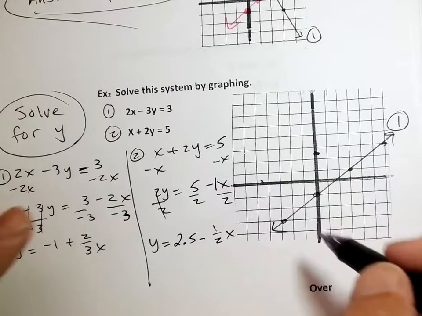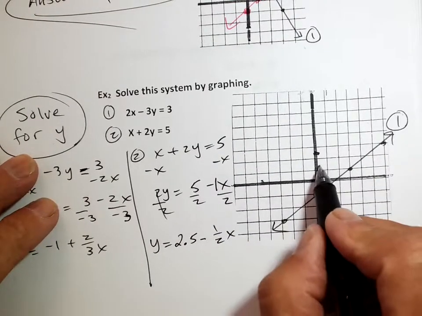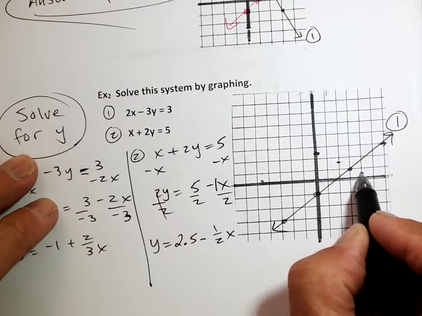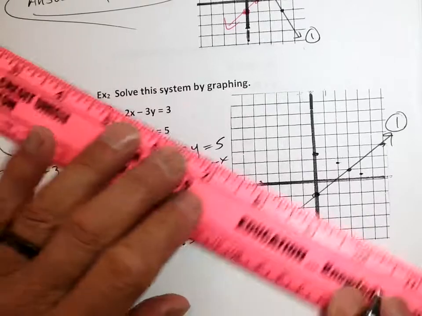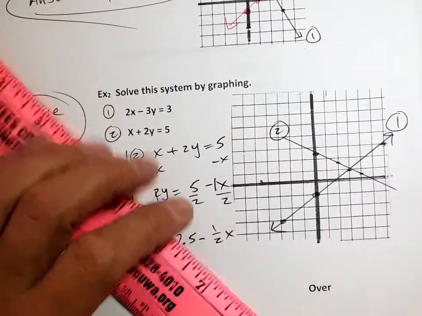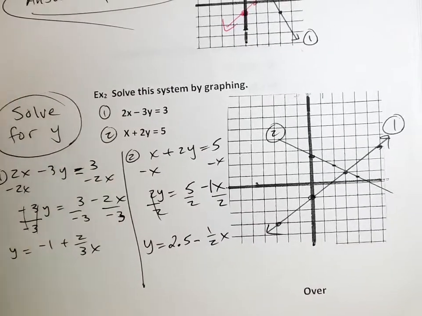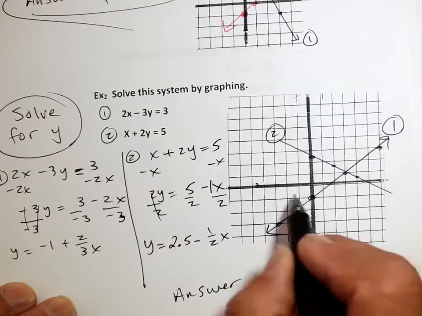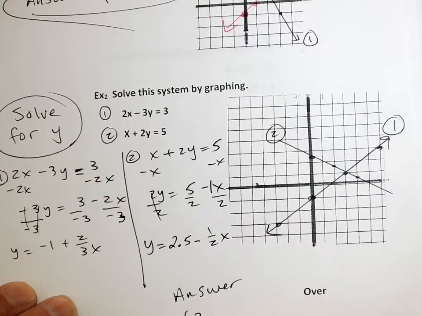So if I go down 1, I'm right here, and over 2, down 1, and over 2. Grab my line. And again, the answer is the point of intersection, so my answer is (3, 1).